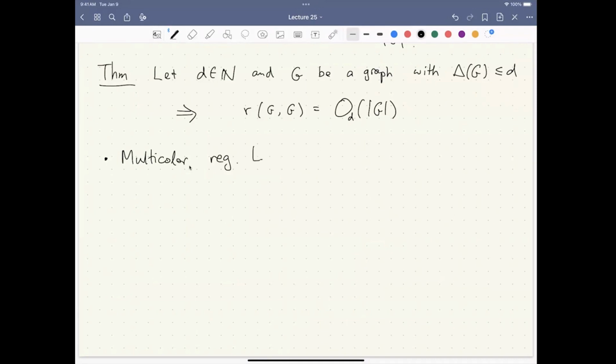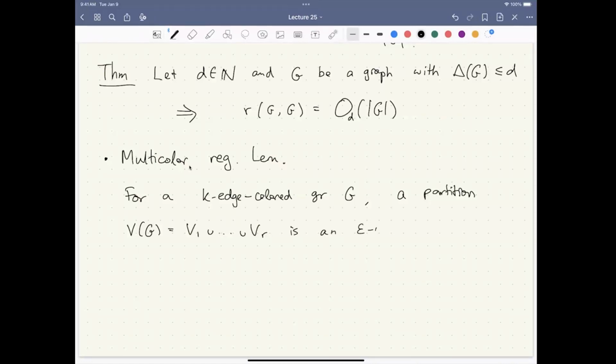Multicolor regularity lemma. We have to define what an epsilon-regular partition is for a k-edge-colored graph G. A partition of V(G) is an epsilon-regular partition if, here I just throw away the exceptional set V0, so V1 to Vr might not have the same size.